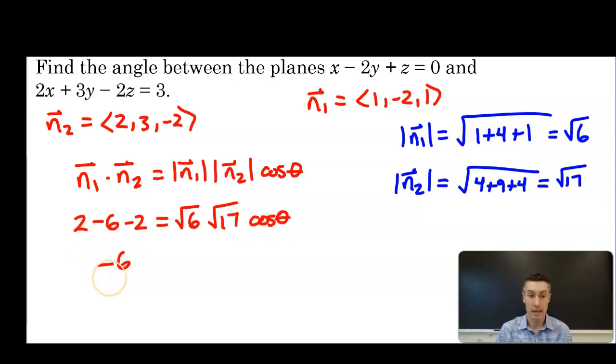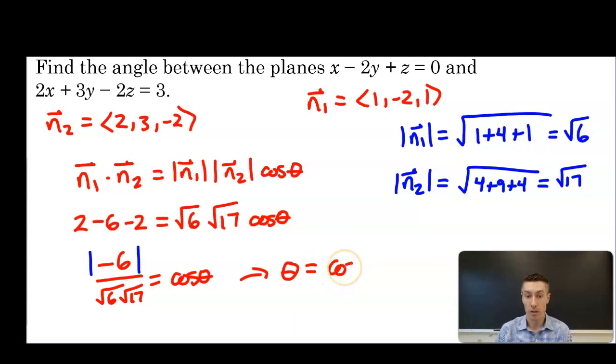So negative 6 divided by square root of 6 square root of 17 equals cosine theta. But remember, we're looking for the acute angle. So we do want to take the absolute value of that dot product. So that means that theta, which is the acute angle we're looking for, is the inverse cosine of 6 over square root of 6 square root of 17. And we'll leave it as an exact angle.